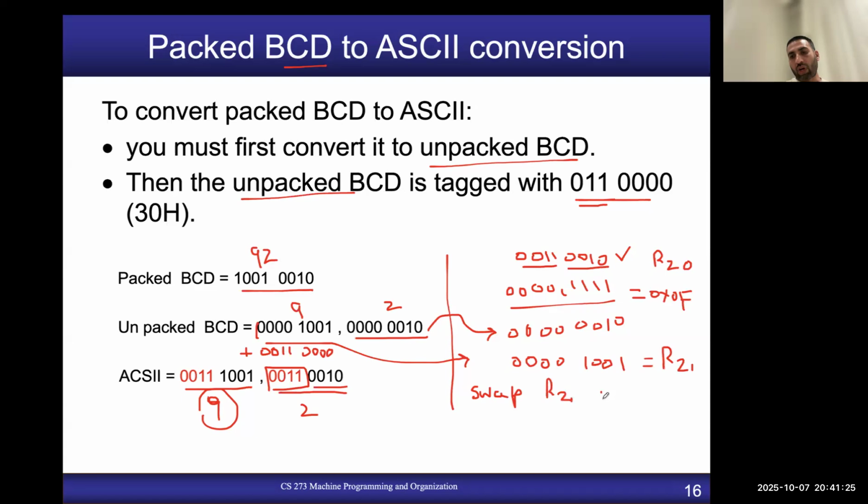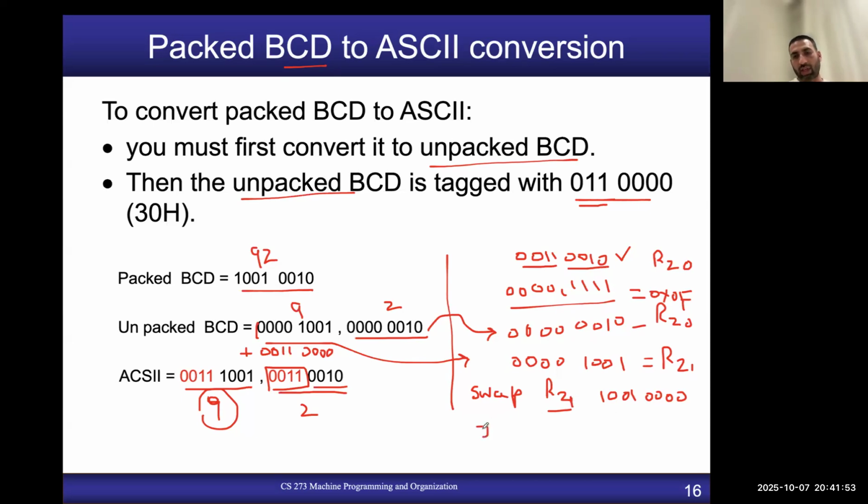So it will become 1, 0, 0, 1, 0, 0, 0, 0, right? So in R21, I have this one, and in R20, I have this number, right?